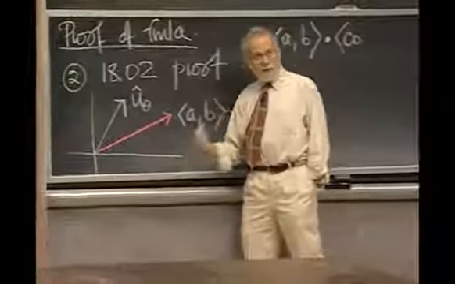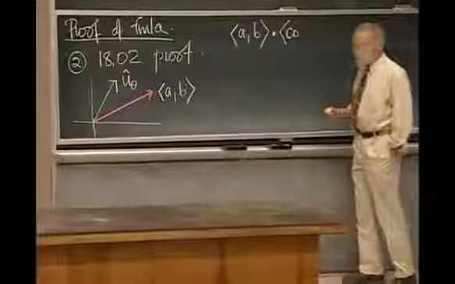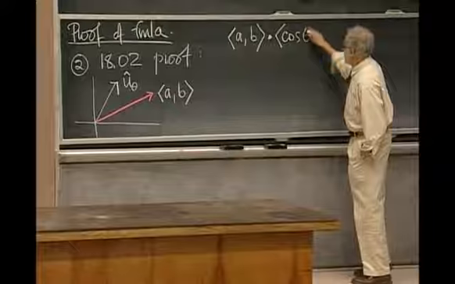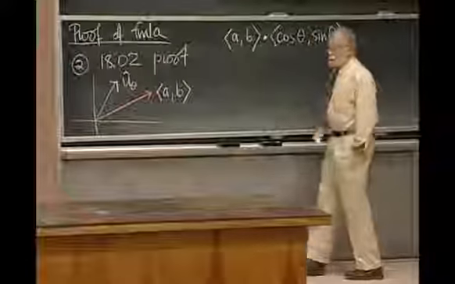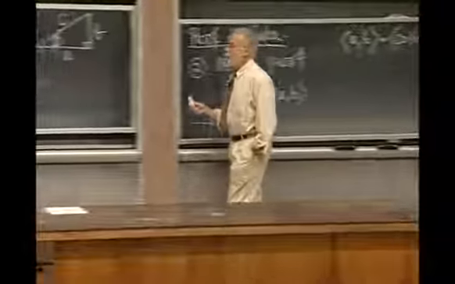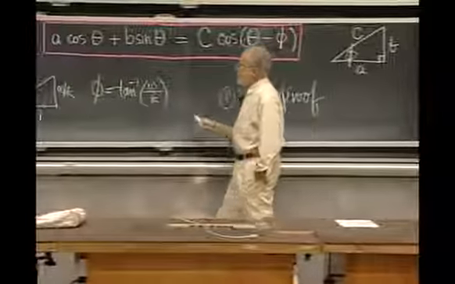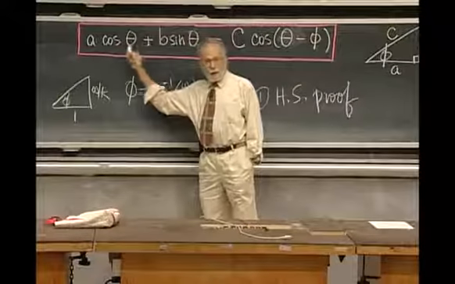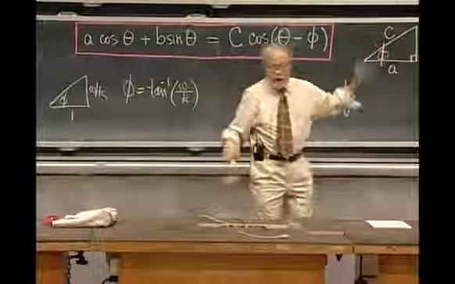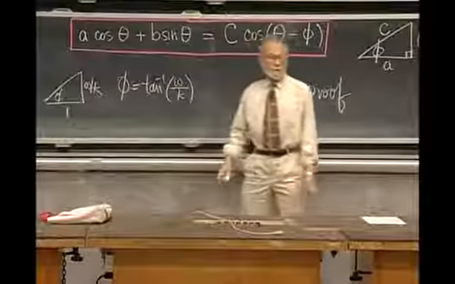It's a unit vector because cosine squared plus sine squared is 1. Now, all this formula is saying is that the scalar product, the dot product of those 2 vectors, can be evaluated, if you know their components, by the left-hand side of the formula.